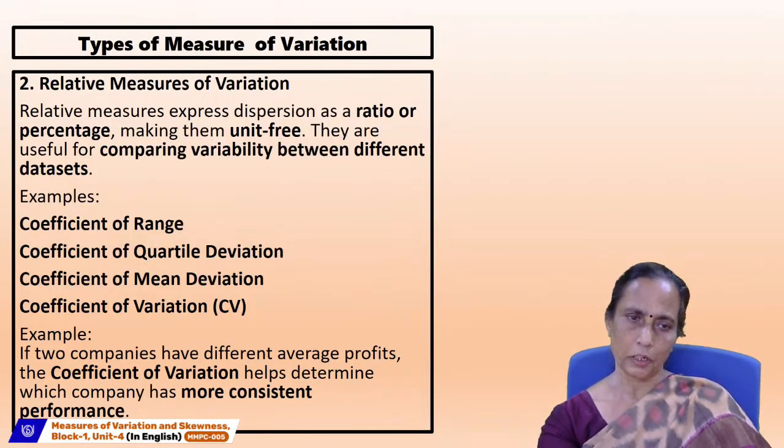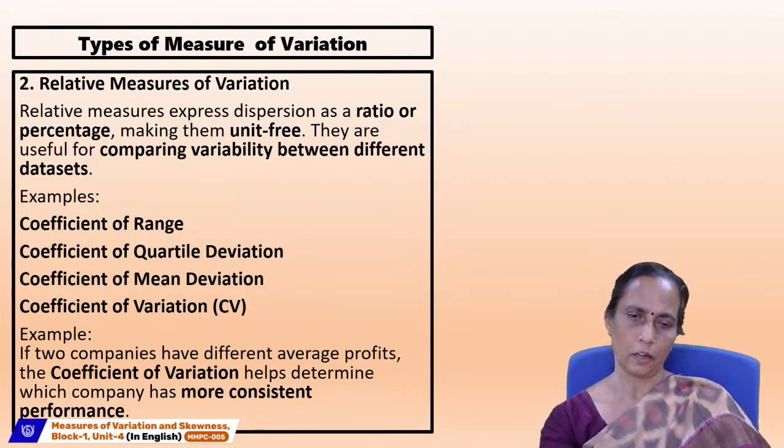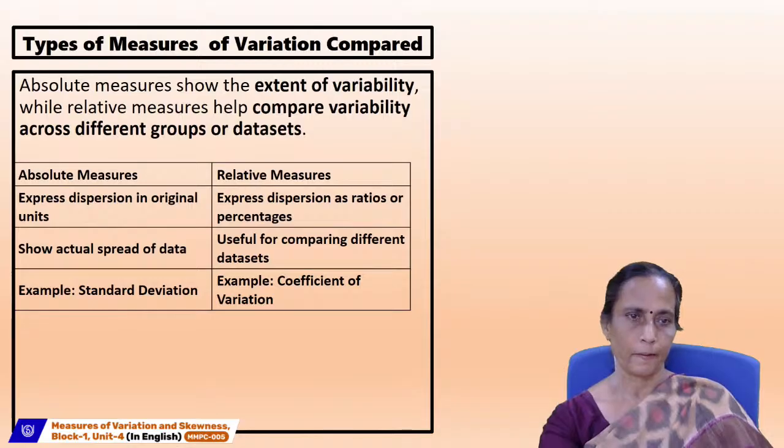Examples may be your coefficient of range, coefficient of quartile deviation, coefficient of variation, and coefficient of mean deviation. So if two companies have different average profits, the coefficient of variation helps determine which company has more consistent performance.